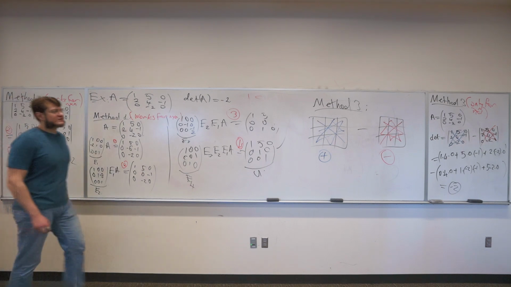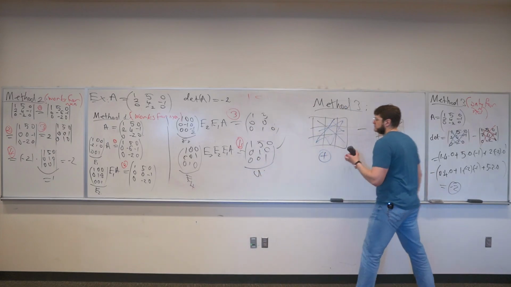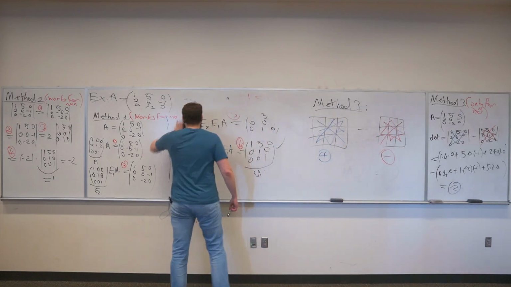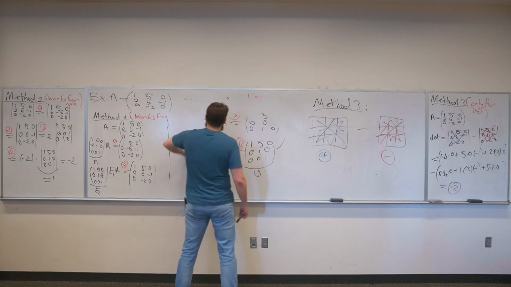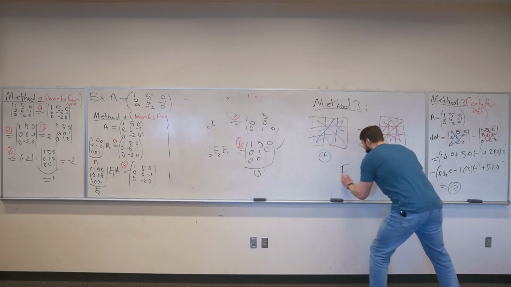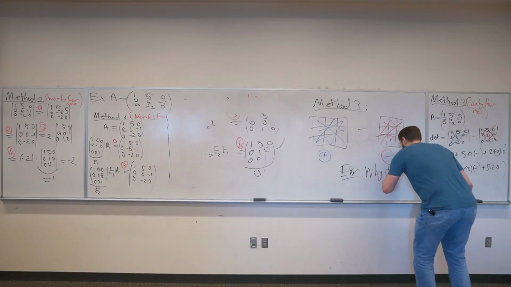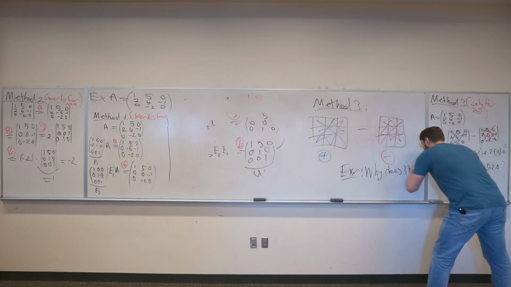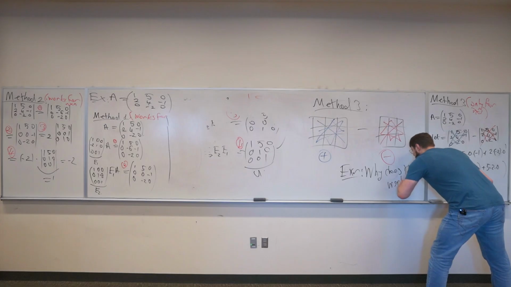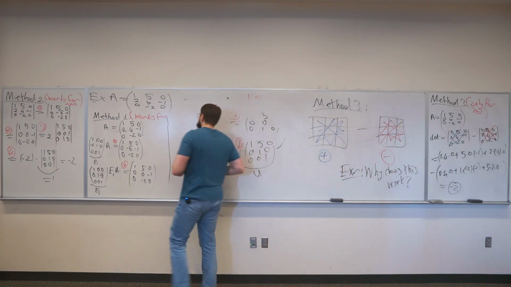I'll give you yet another method for, again, 3 by 3s. It's essentially a variation of this. So I'll give it as an exercise as to why this works. I'm not going to tell you. Why does this work? The method 3.